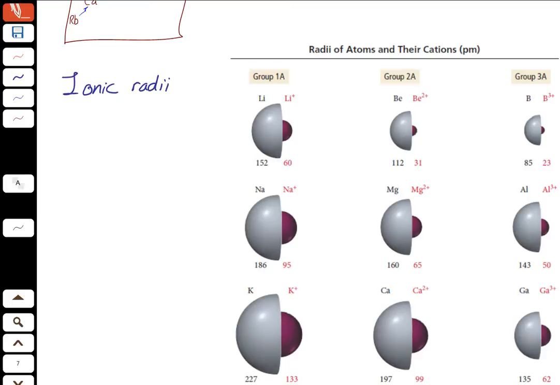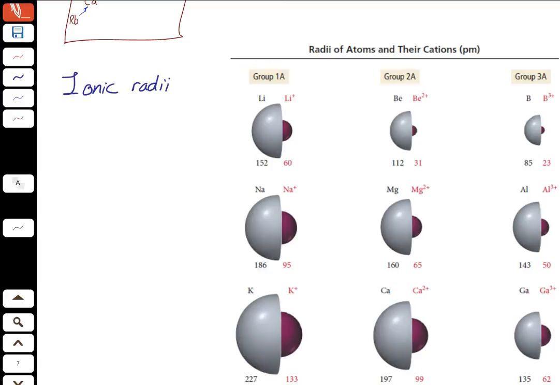You're jumping down an entire, not a subshell, but an actual quantum level, an n level. So you're going from having an electron in n equals 3, a highly shielded electron in the n equals 3 shell. Then that's ionized, that's gone. So now you're looking at basically a neon type configuration, that's going to be an entire shell smaller.